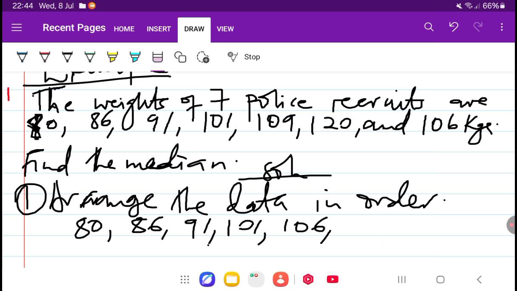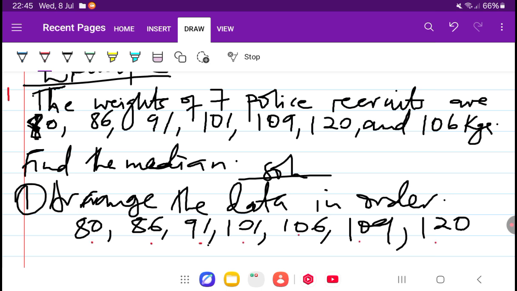So 106, then we have 109, and then finally we have 120. If you count these values, you can see 1, 2, 3, 4, 5, 6, 7.